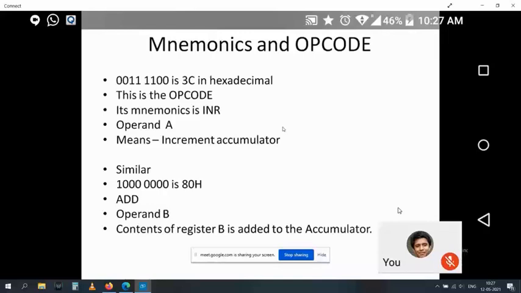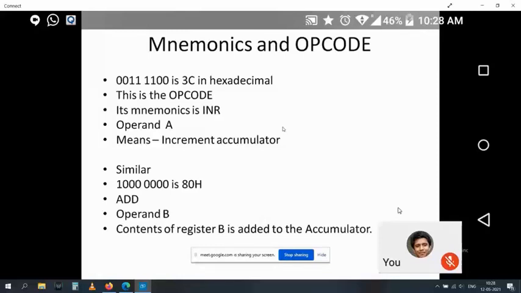So this is the opcode, 3C is the opcode, the operational code, and its mnemonic is INR. That means increment the accumulator. Here, INR A we will write. INR A means increment the contents of the accumulator.